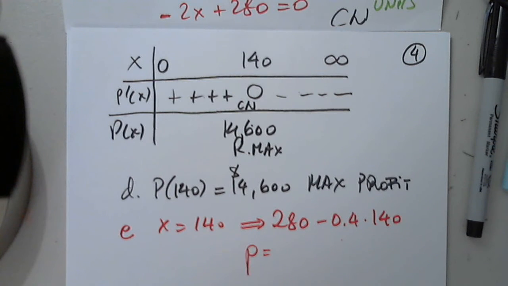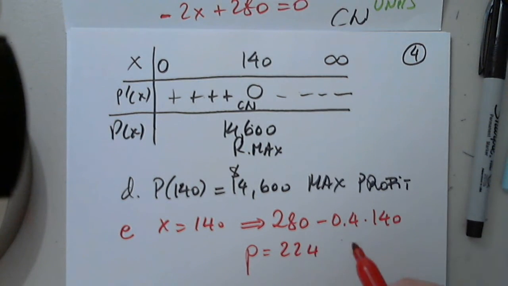So what is this? If you have the number already, 280 minus 0.4 times 140. 224. Thank you very much.